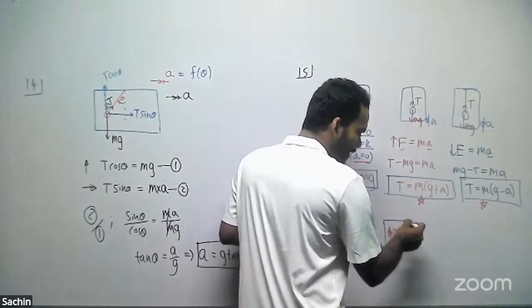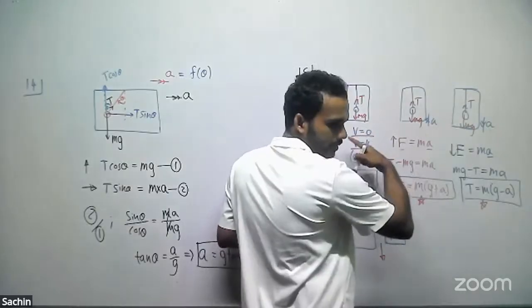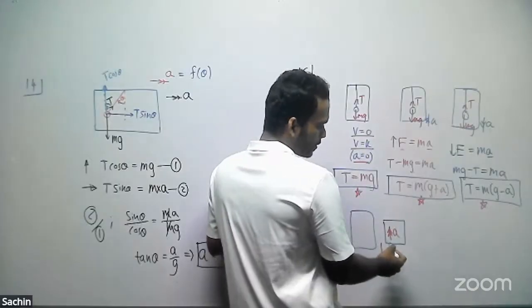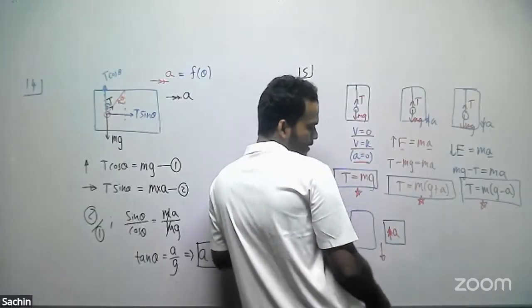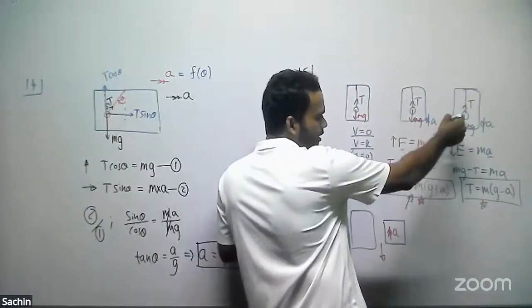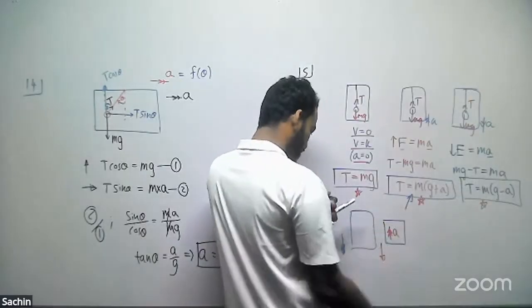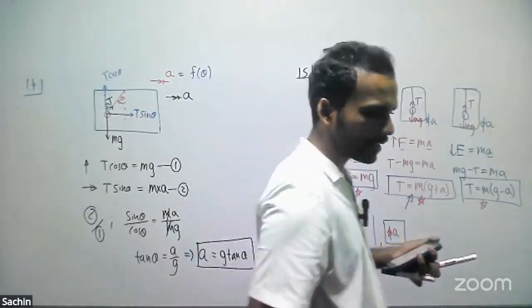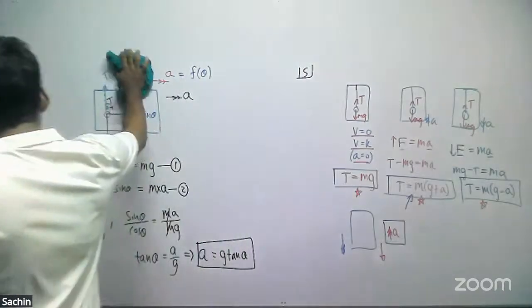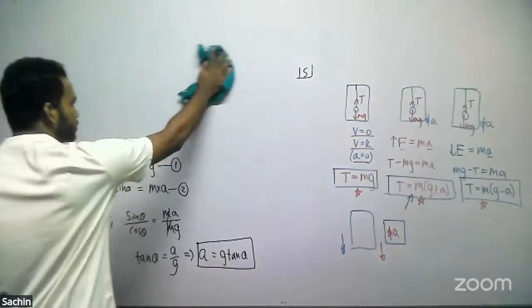Once you identify the direction of acceleration, it will always fall into one of these three types of cases. So here decelerating downwards means the acceleration should be upwards. So it should be the second case. Just use this formula, substitute the given values and take the answer. That's how you do it. Okay, so I think this part is also clear for you.